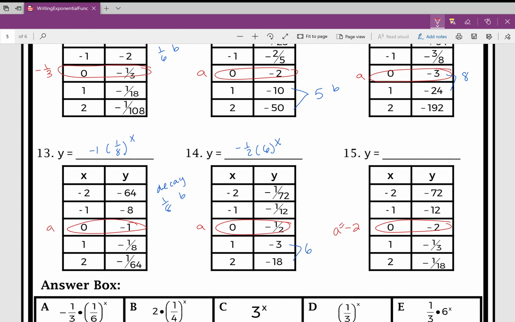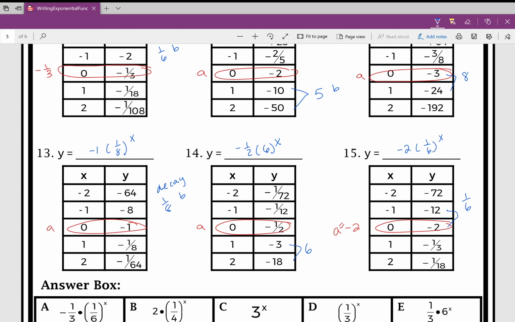And then your b value looks like it is going down, so decreasing, yep, so right here, by 1/6. So -12 divided by 6 gives you -2. So this is a decay of 1/6. So our answer is -2 parentheses 1/6 to the power of x.